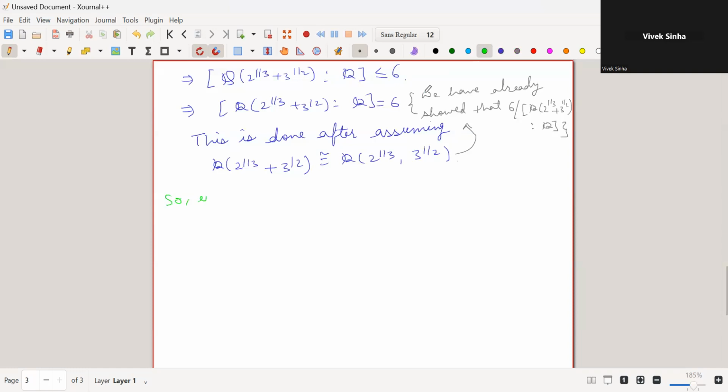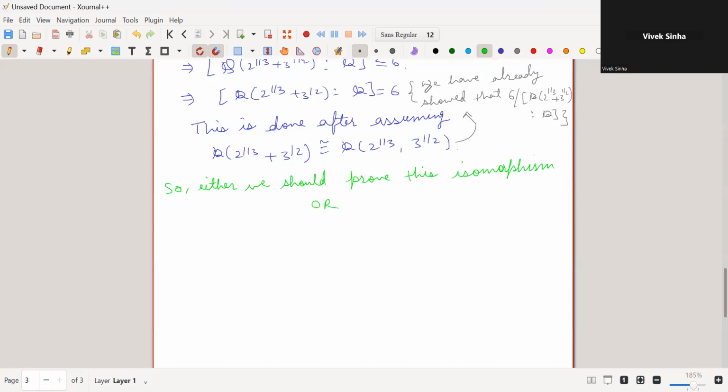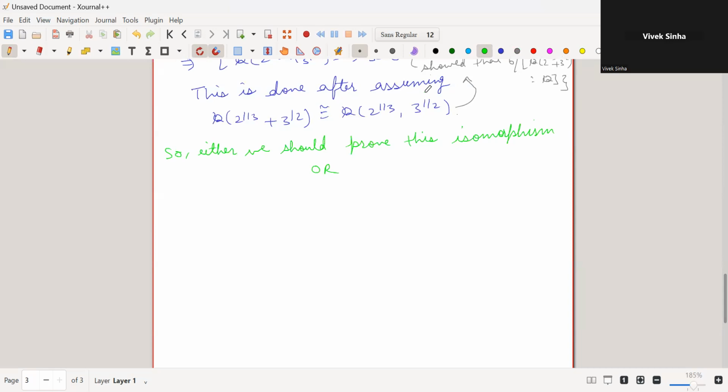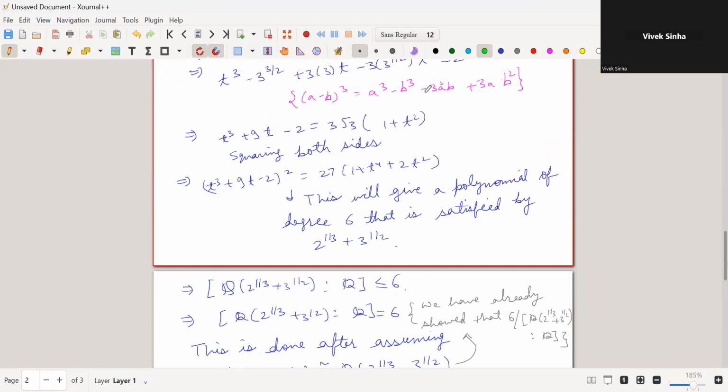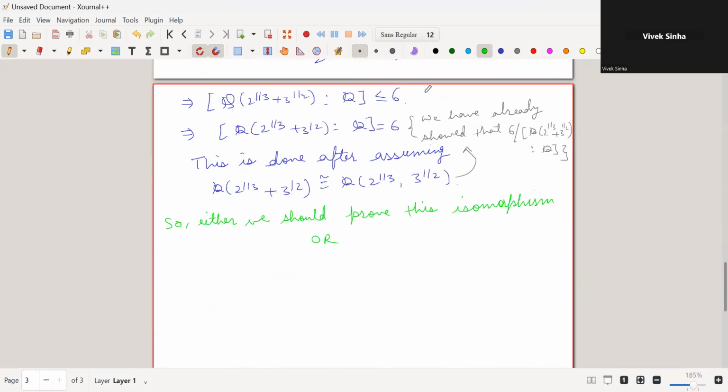Either we should show this isomorphism, prove this isomorphism, or let me give this polynomial a name, say p(x), okay.